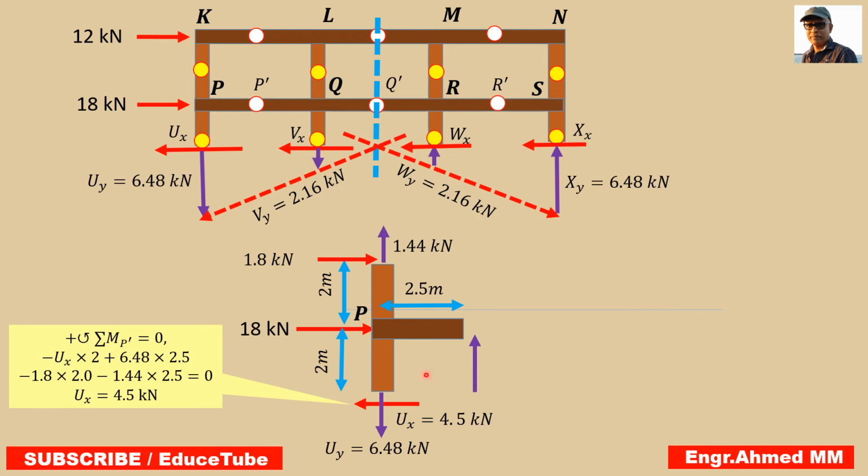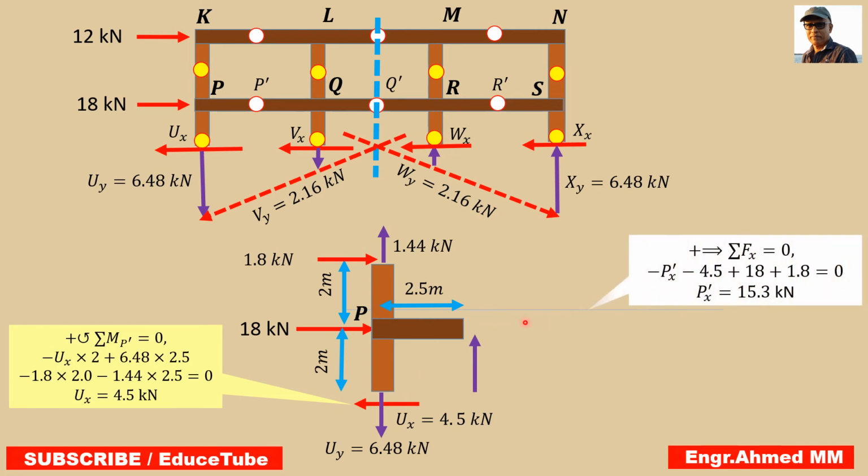So I got it. Now I need to get this horizontal component. So what is that? Taking horizontal forces equal to 0, I got this P prime x equal to 0, because we have all the horizontal forces. We have to bring all these red arrows here. So we get this. So what is it? 15.3. Now here I have three vertical components.